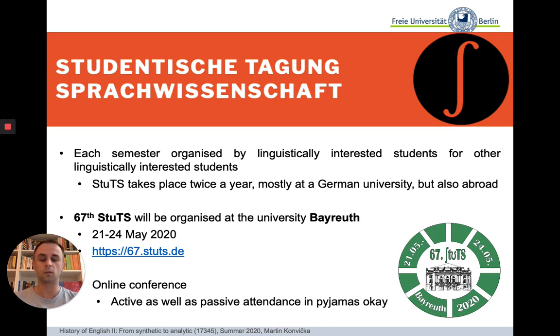It's a linguistic conference organized by students for other students who are interested in linguistics. STUTZ is a conference that takes place at a mostly German university every semester. The 67th STUTZ will be organized at the university in Bayreuth. That is going to take place from the 21st to 24th of May.